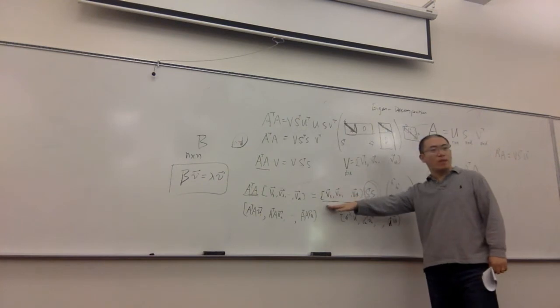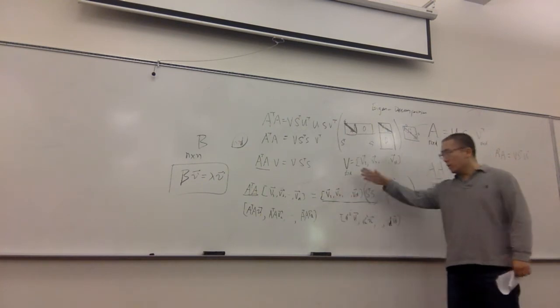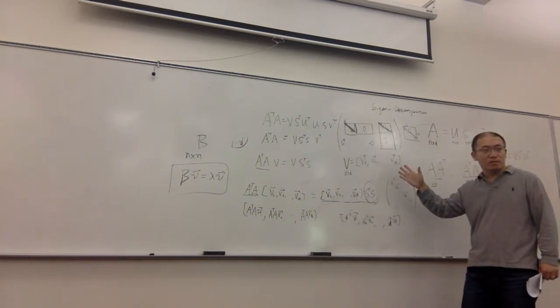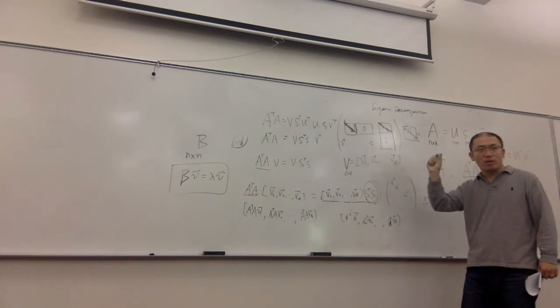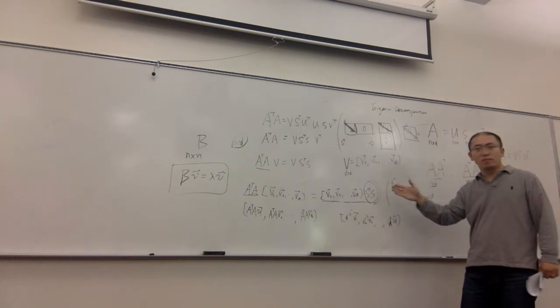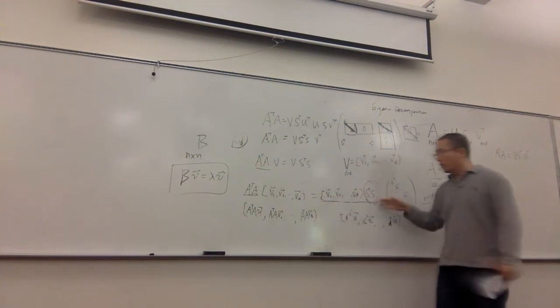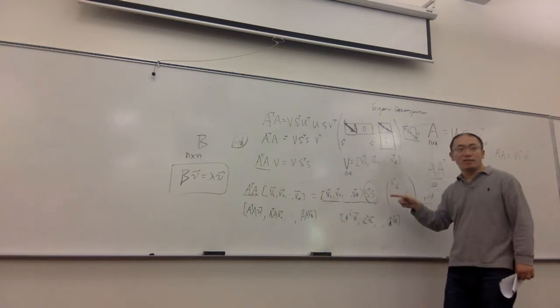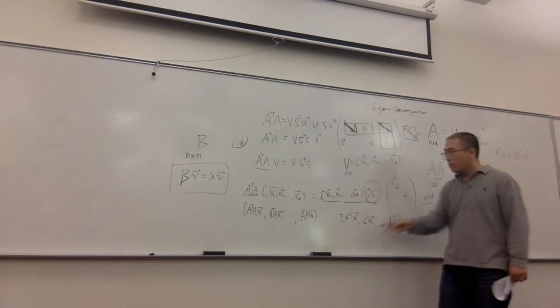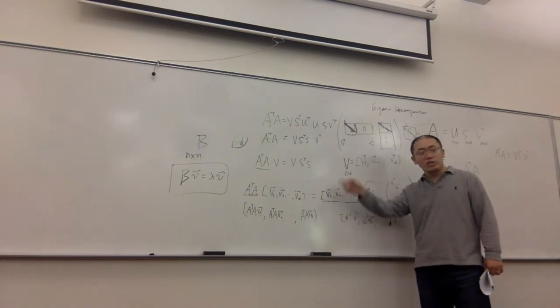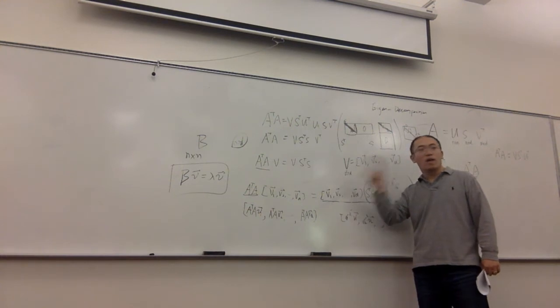Whenever you multiply a matrix with a diagonal matrix on the right-hand side, remember that the position of the diagonal matrix really matters. The result equals multiplying each column by one diagonal element.